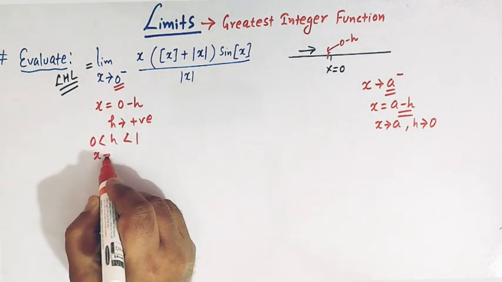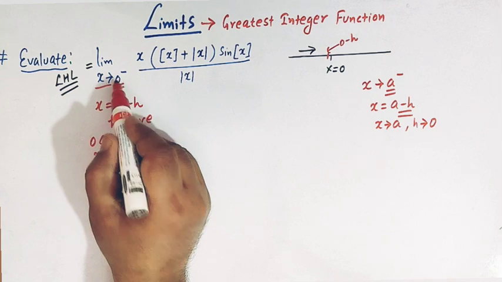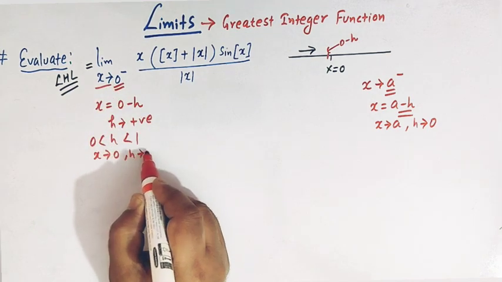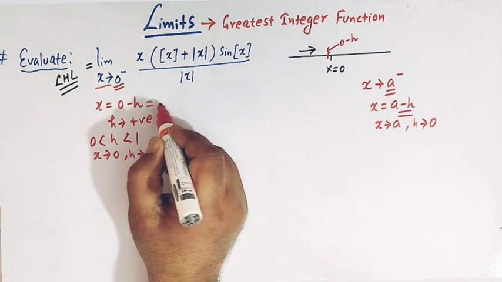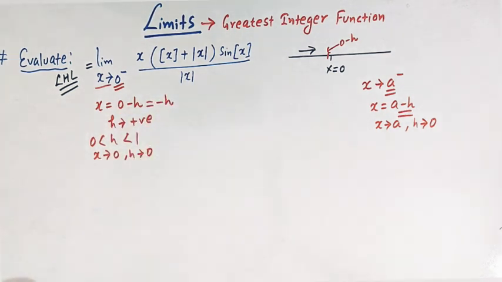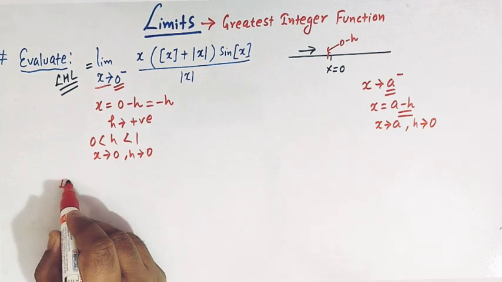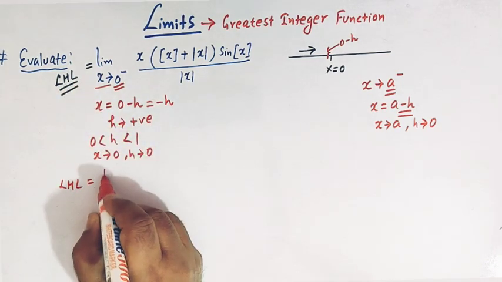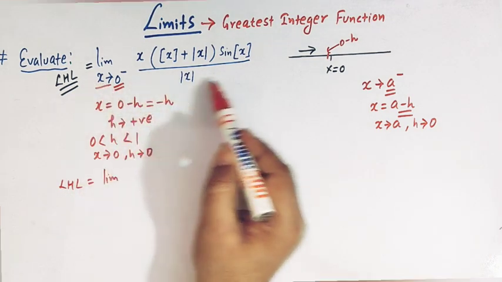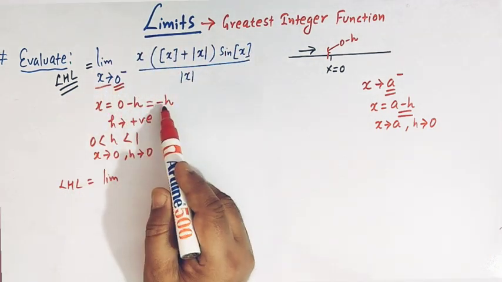And when x tends to 0, then h tends to 0, right? So we'll take x equal to 0 minus h, right? So this is simply minus h. So now this limit which we are calling the left hand limit, we'll transform in terms of h.